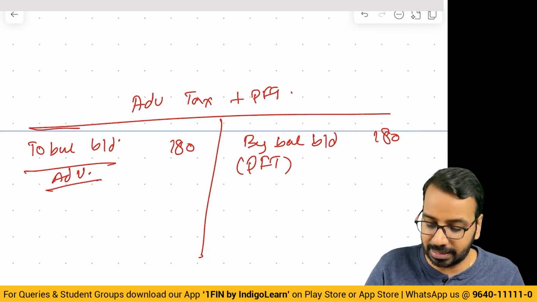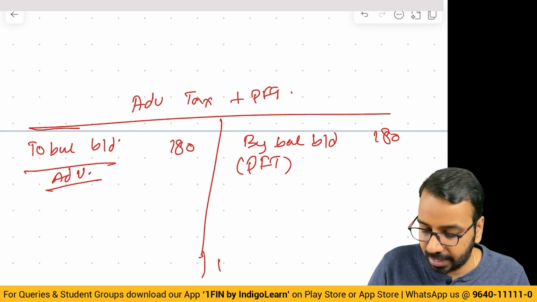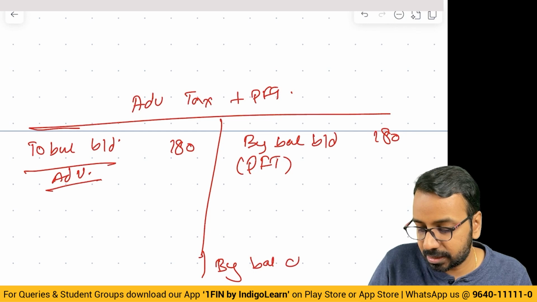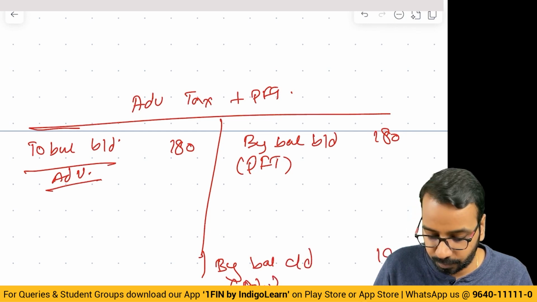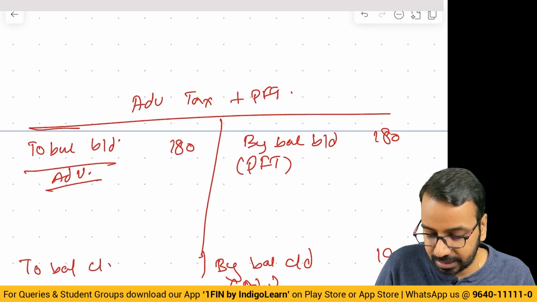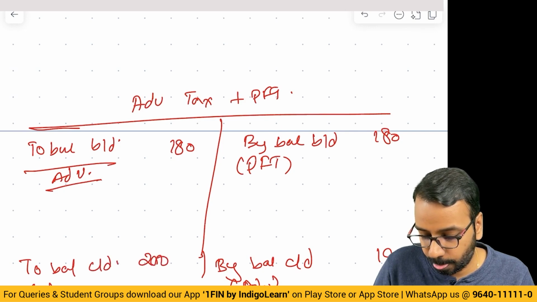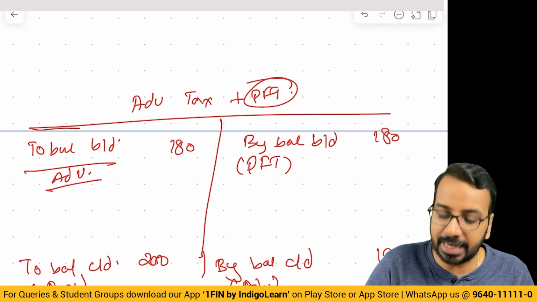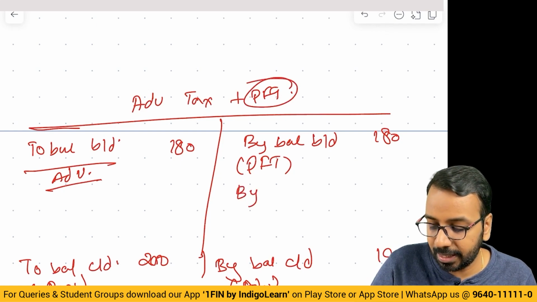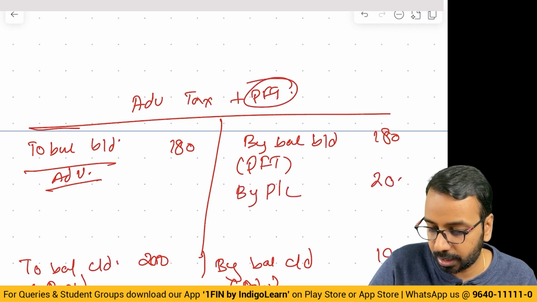Then we have closing balances for advance tax by balance carried down 195, advance tax to balance carried down 200. This is provision. Then when we create a provision, we would say by P&L 200.